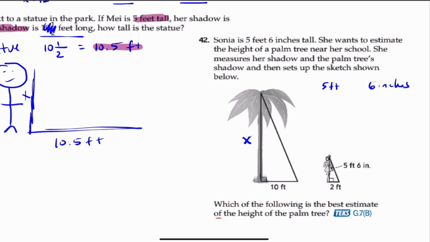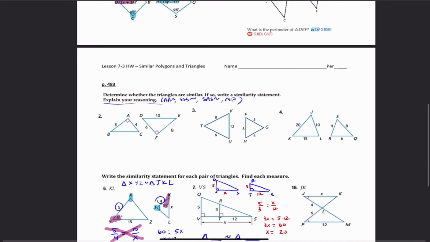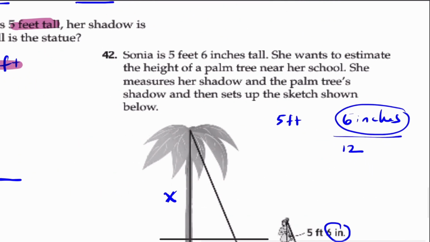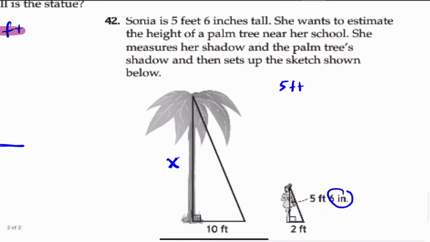If I want to convert inches to feet, I take that 6 and divide it by 12. 6 divided by 12 gives me 1/2.